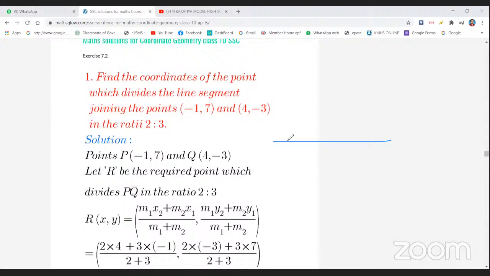Let us consider it as P according to this problem, and then it is Q. So P is (-1, 7), and Q is (4, -3).